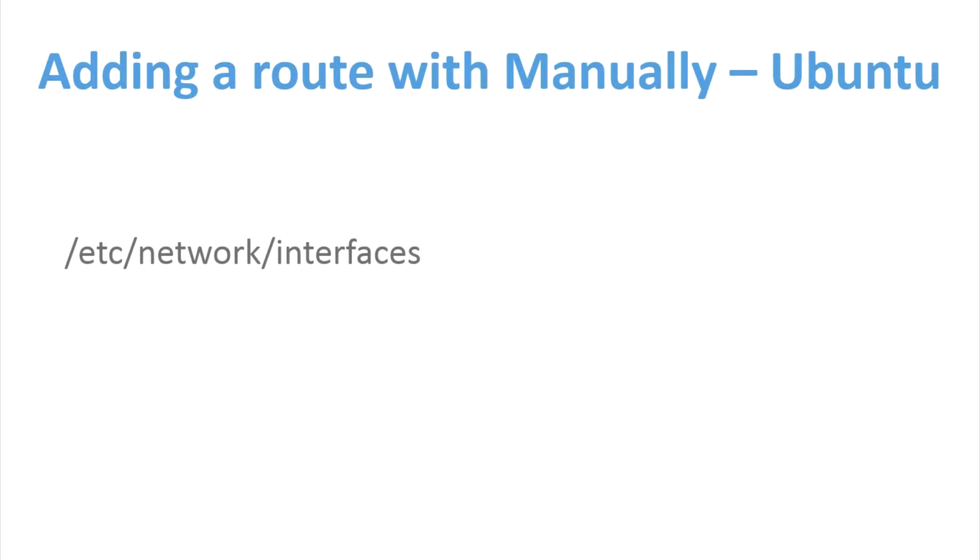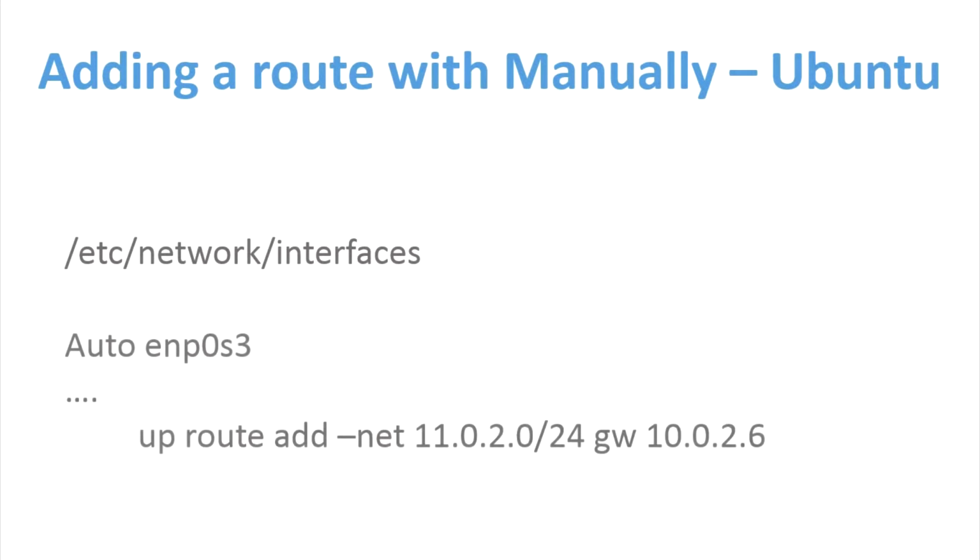Or manually on Ubuntu, add it to the interfaces file under your interface stanza. In this case, it will read out up route add -net, the network, gw for gateway, and then the gateway address, which is our router.